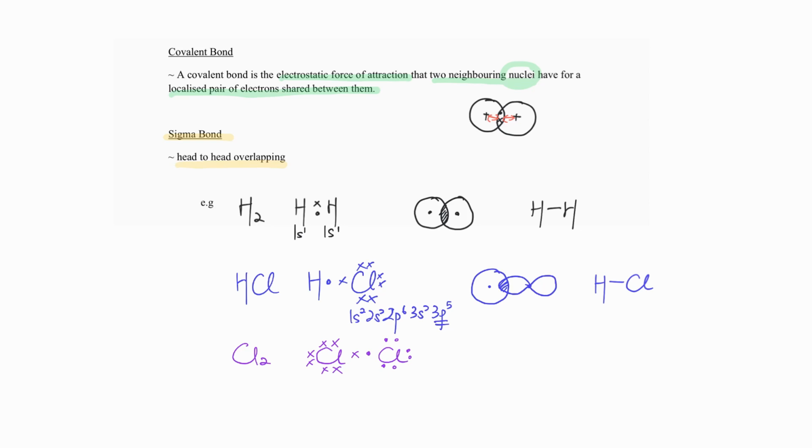The overlapping will happen to two p orbitals, and these are the nuclei of them. This overlapping is another type of head-to-head overlapping, and we have a sigma bond between two chlorine atoms. Generally, if there is a single bond between two atoms, there will be a sigma bond.